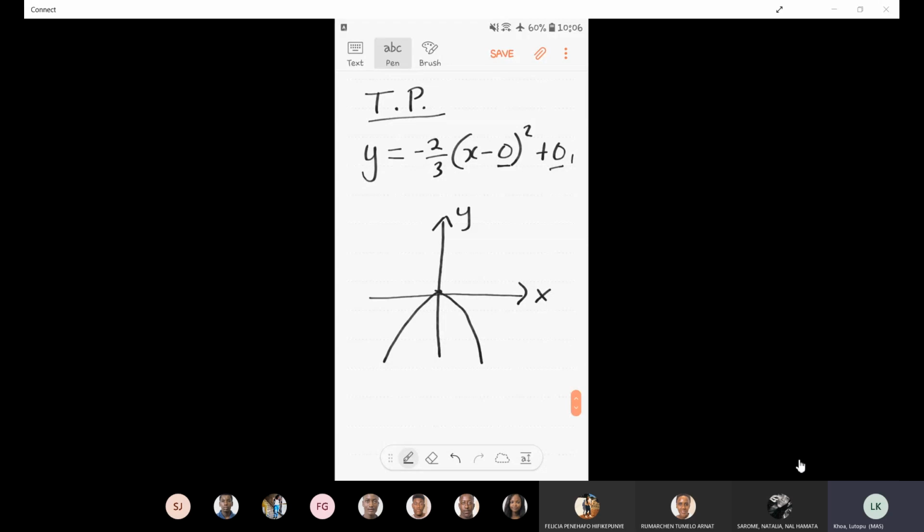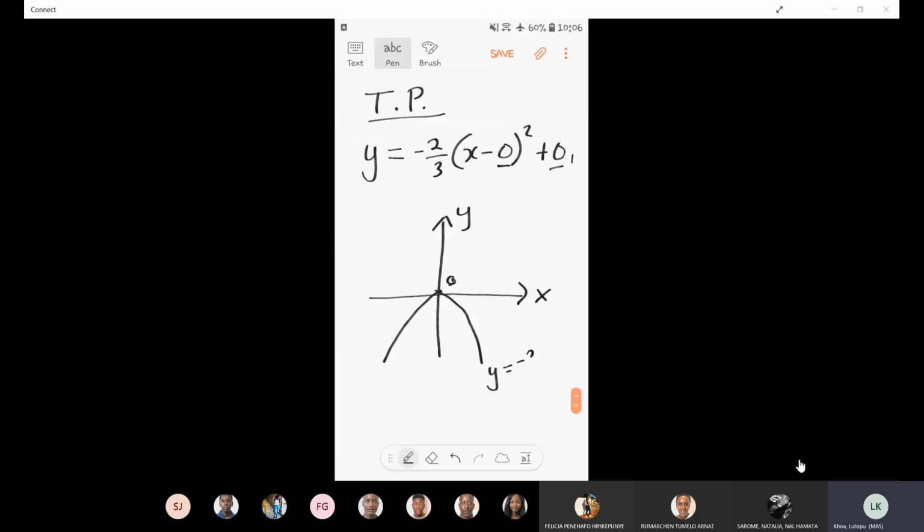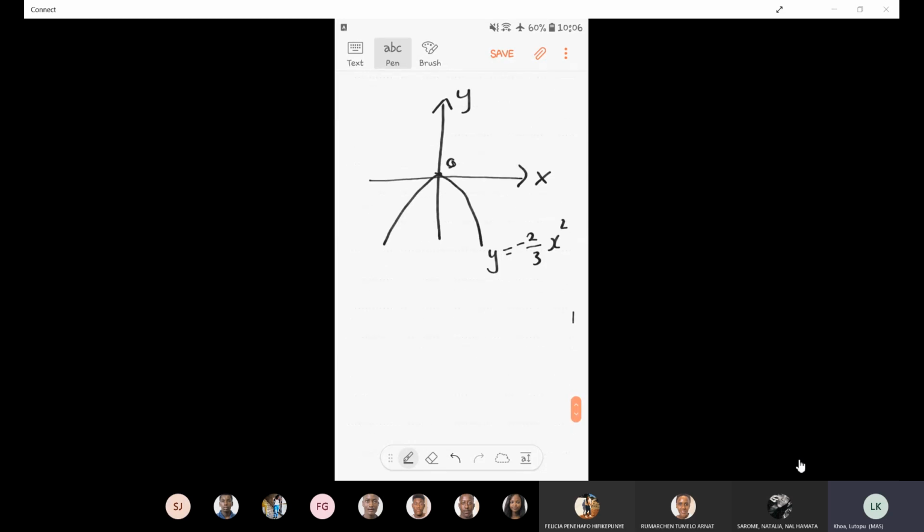So here, this is 0, obviously, and this is y is equal to minus 2 over 3 x squared, and that's it. With this graph there isn't much to show, and then you are done. Then number 7 is also a parabola. You can quickly do that one.